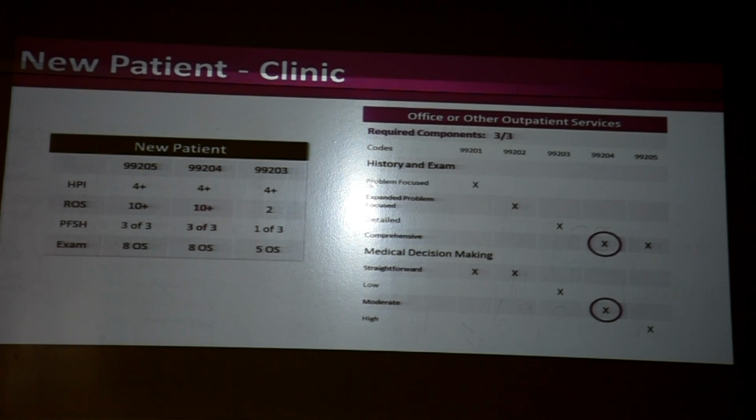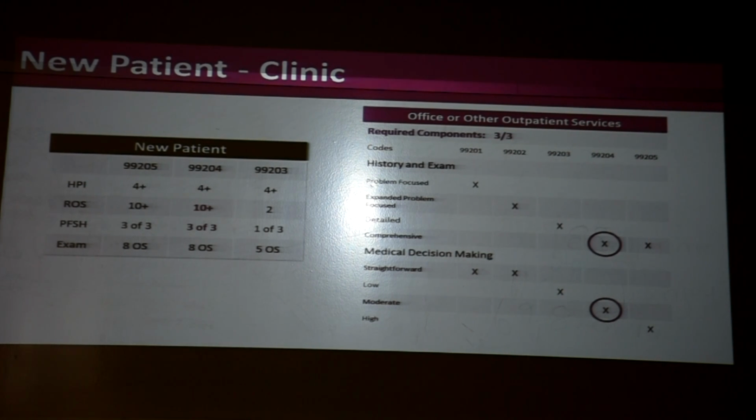So that's where we see the most downfall: the review of systems and the past family social. Those are the 2 areas I would say across the board, and when I get to established patients, we'll talk about it, whether that amount of history hasn't been taken or you just haven't documented all of it. That's where we'll see a level 4 drop down to a level 3.